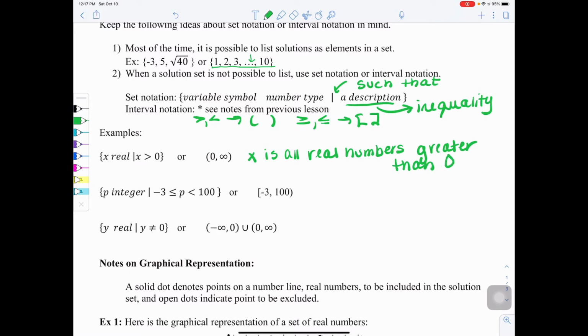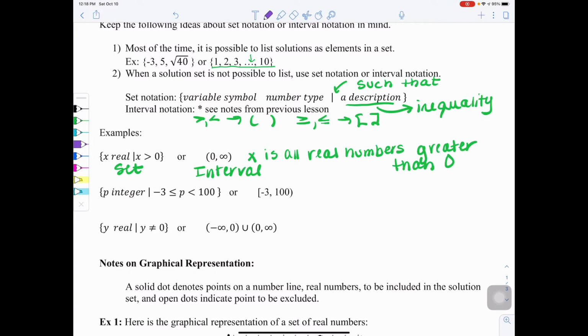So in set notation, we have x real such that x is greater than 0, or we have interval notation on the other side, which shows that 0 is your lowest number, that's why it's on the left. You are going on for infinity, that's why you see the infinity symbol, and neither of those are included, which is why you see the use of parentheses.